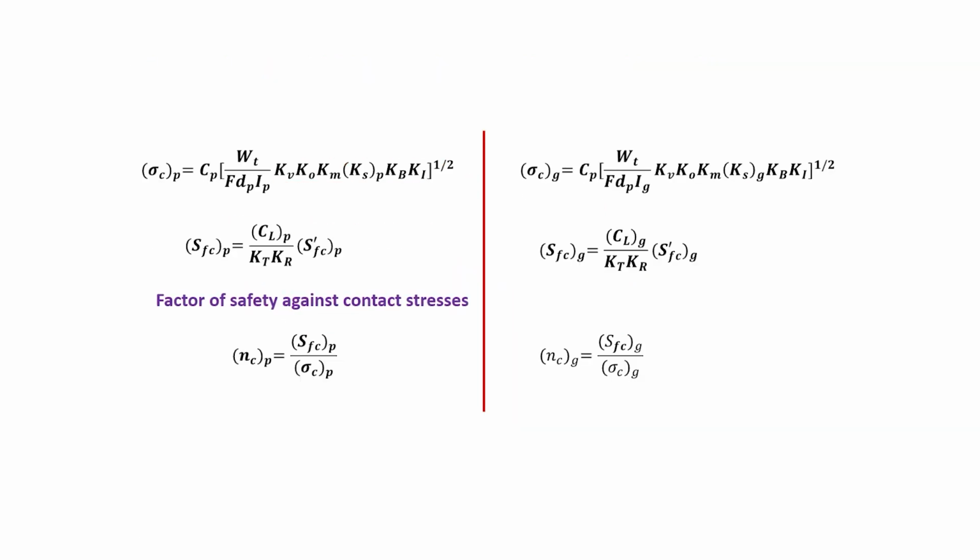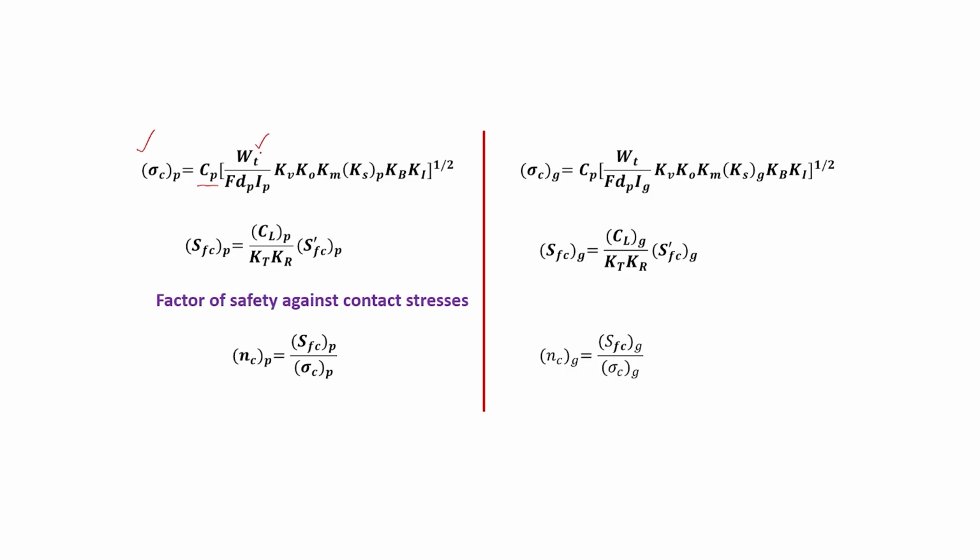Similarly, for the case of contact stress, the contact stress is given by Cp, which is the elastic constant, and there is a table which gives us the value of this Cp. Otherwise, if we know the Poisson's ratio of the material of gear and pinion and the elastic modulus, Young's modulus for the gear and pinion material, we can determine the value of Cp.